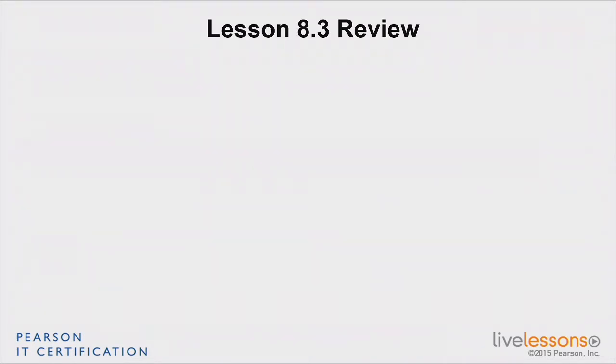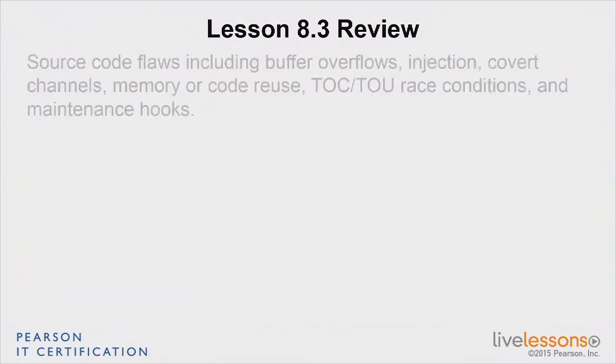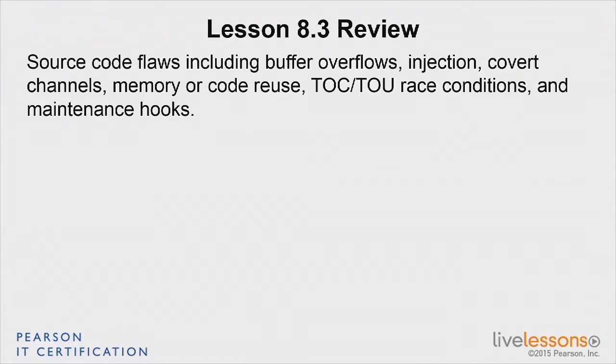So that brings us to the end of Lesson 8.3, kind of a whirlwind tour of source code issues and potential mitigation techniques. So let's go through a quick review, and then we'll do our match the meaning. Source code flaws include buffer overflows, injection, covert channels, memory or code reviews, time of check, time of use race conditions, and maintenance hooks.